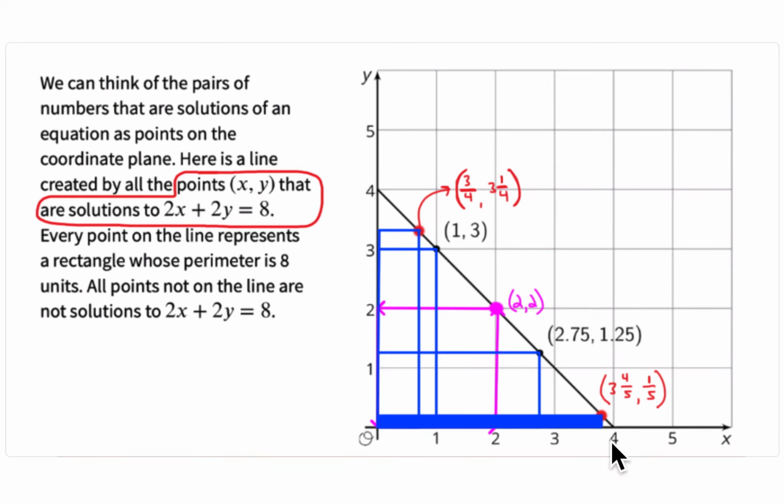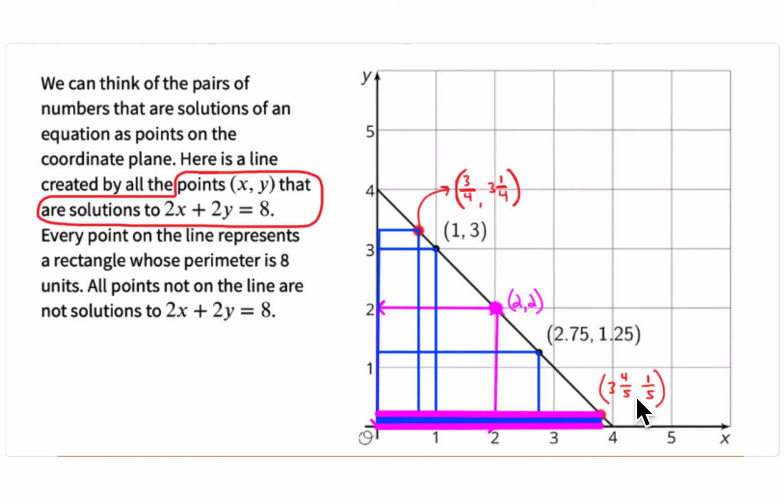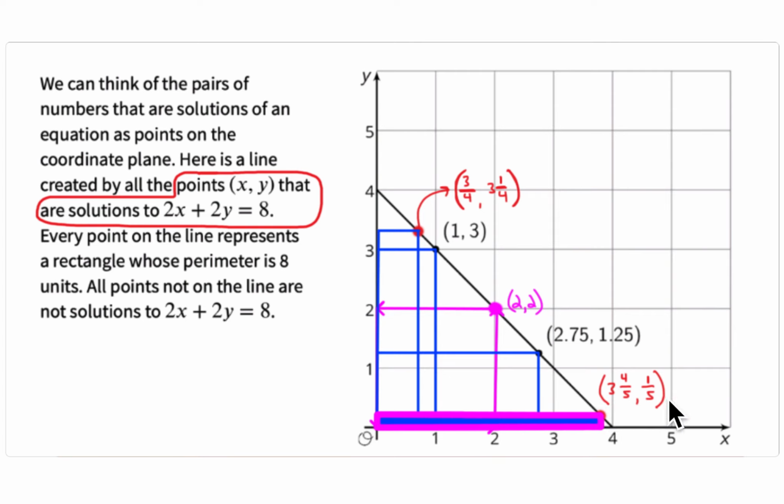And the last one, double the lengths. So 2 times 3 4/5, double the widths, 2 times 1/5, add them all together, and you get a perimeter of 8 units. So again, these are all coordinate pairs. These are defined points that are on this line, and any point on this line will satisfy this equation.